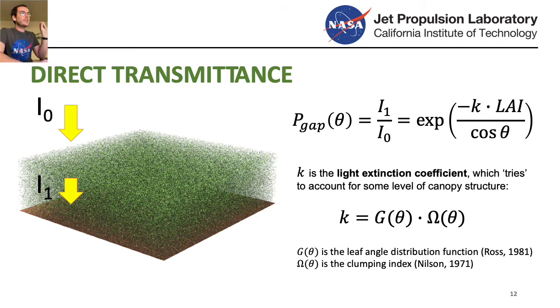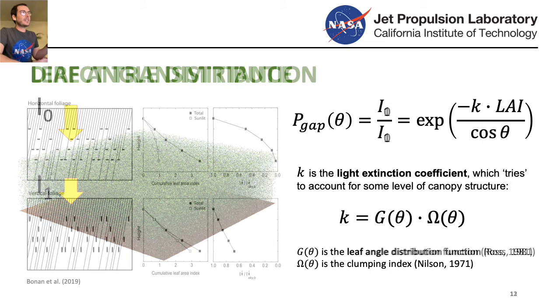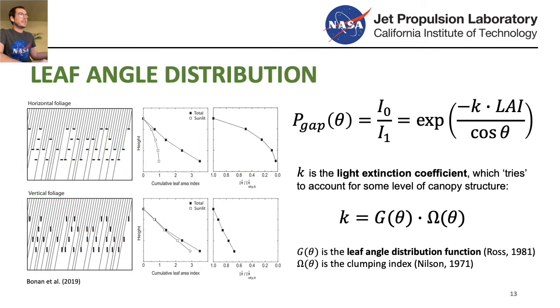And then we use a K factor, and this K factor is the light extinction coefficient, or whatever you want it to be really, which tries to account for some level of canopy structure. K can be thought of as the leaf angular distribution function times a clumping index. The leaf angular distribution function is in most Earth system models nowadays.